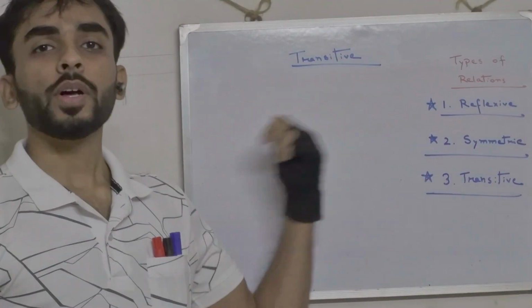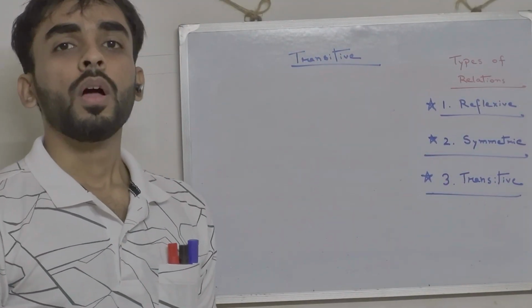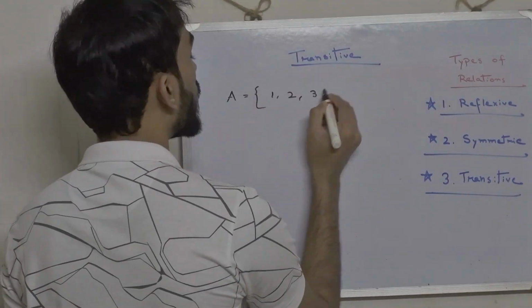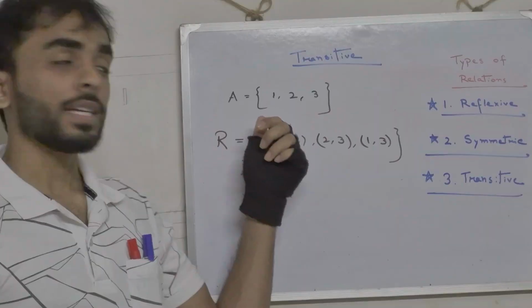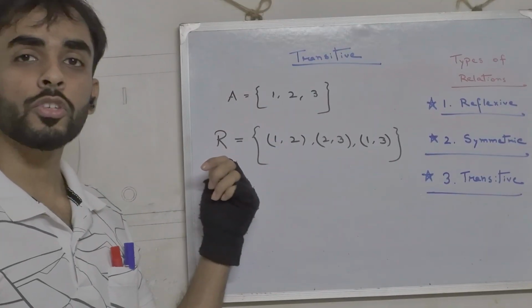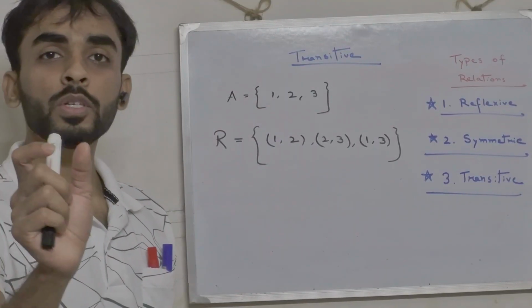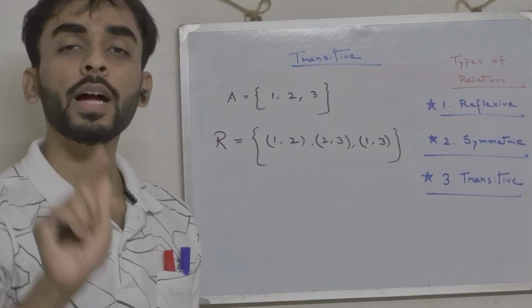Number 3, transitive relation. Let's take a set. Now, from the set, I have again directly gone to the relation, but you know what comes in between? Cartesian product. Make the Cartesian product in your copy.